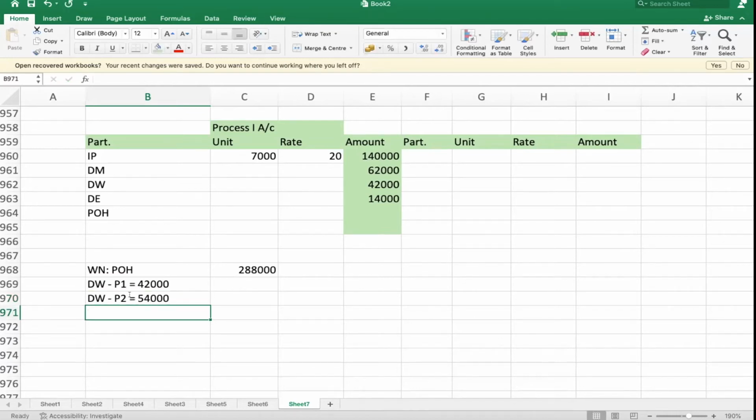And process 3, 48,000. Therefore, total direct wages comes to how much? Process 1, 2, 3 together.